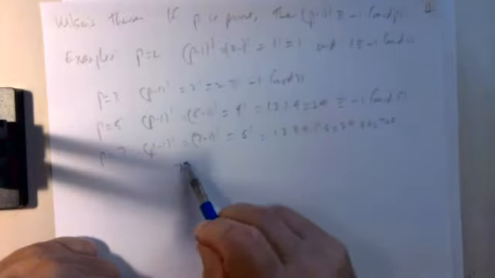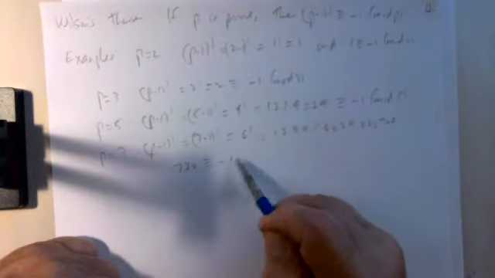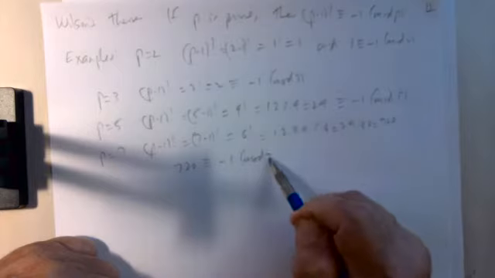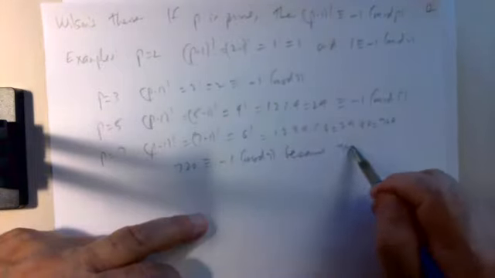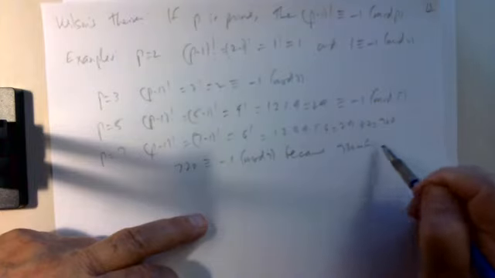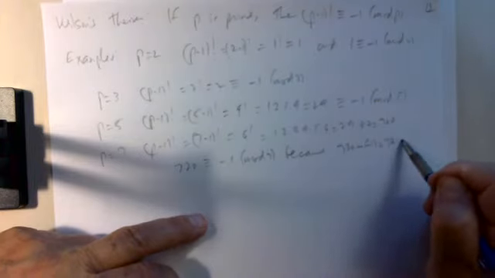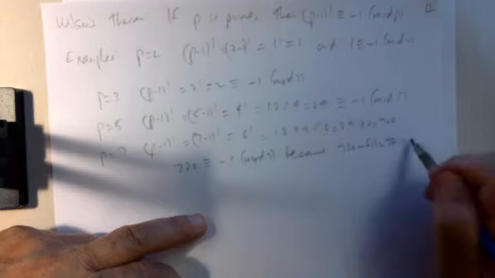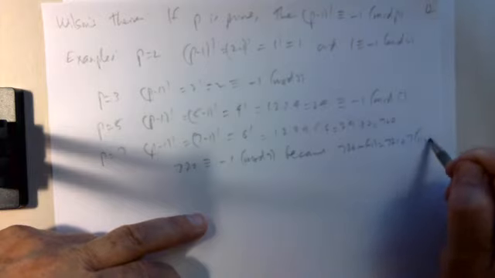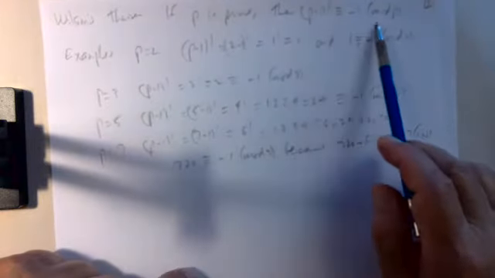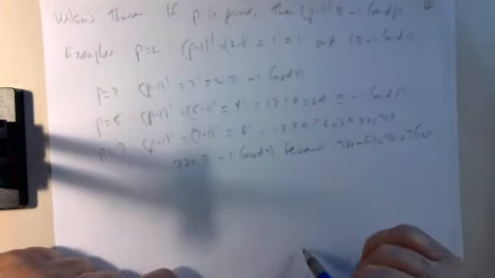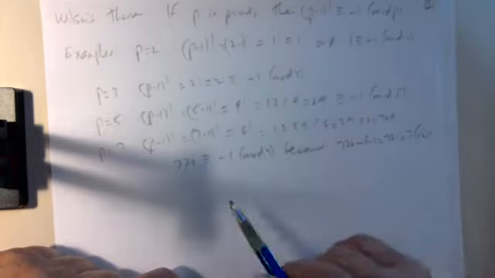And 720 is congruent to minus 1 mod 7, because the difference, 720 minus minus 1, is 721, which is divisible by 7. That's 7 times 103. So if you just check what this says for the first 4 primes, it seems to be okay.